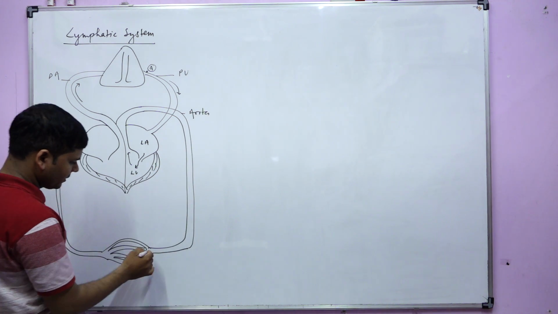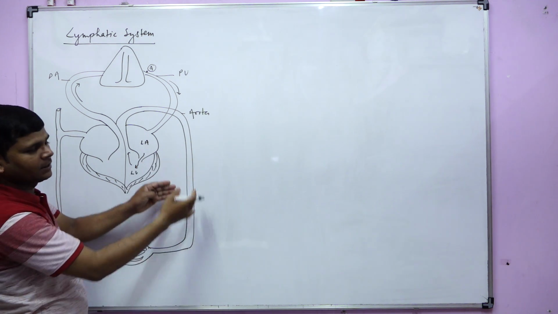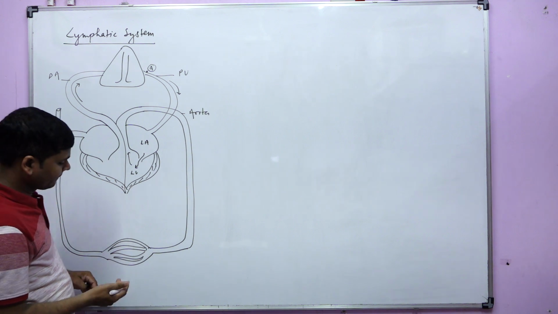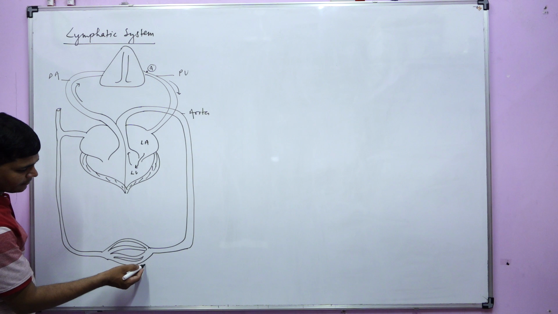And when it reaches the body tissues, after getting divided several times into several thinner arteries, due to pressure, it may escape.